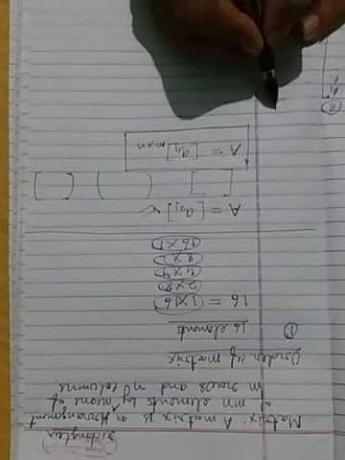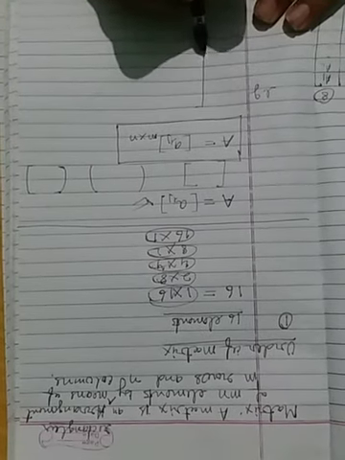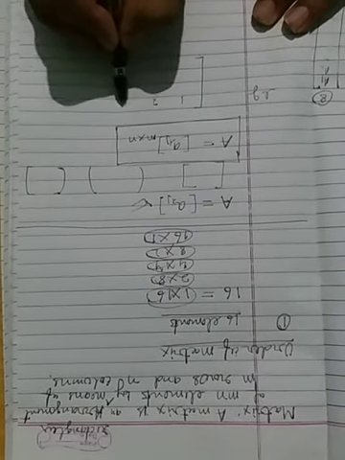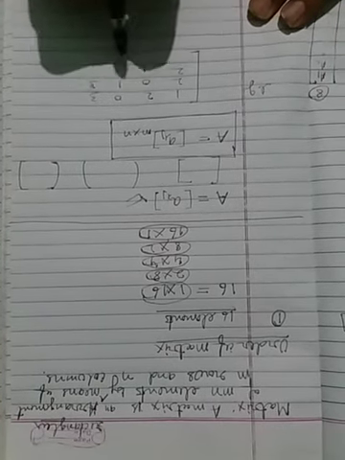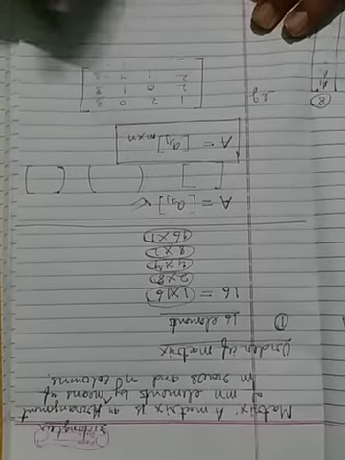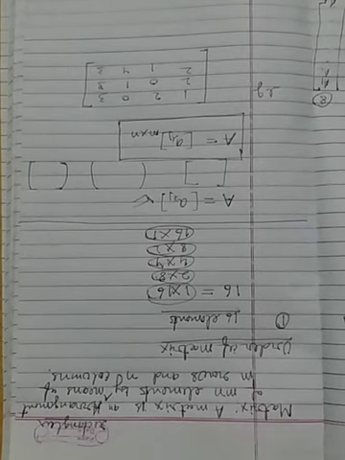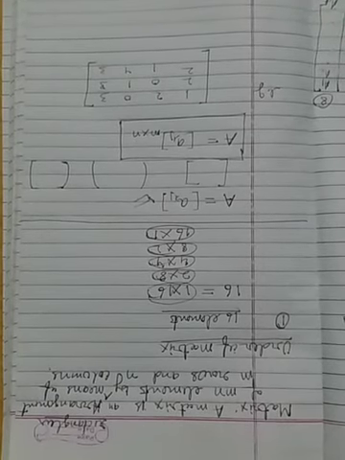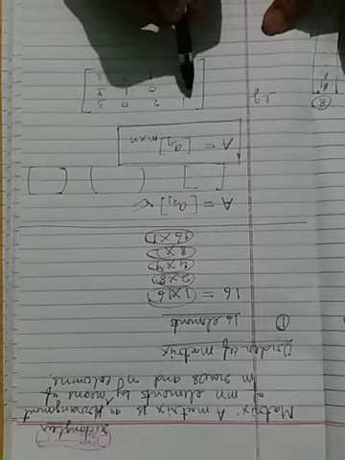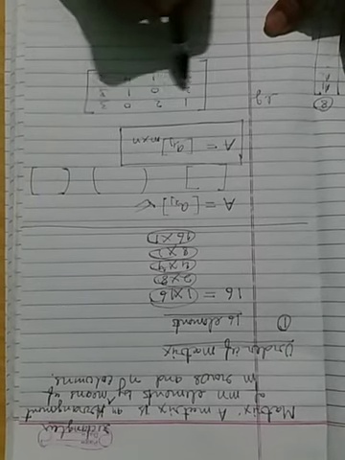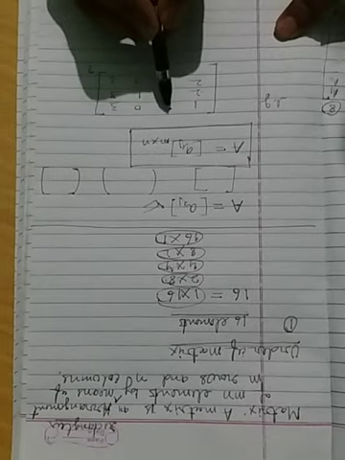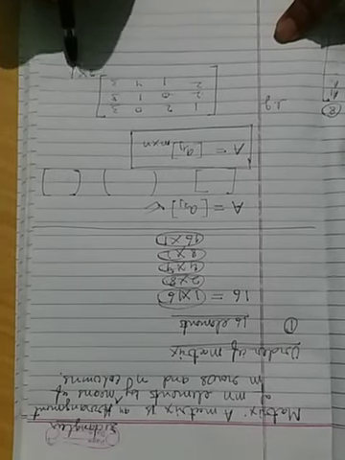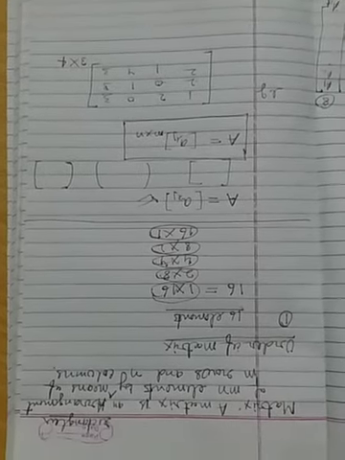Let us have this example: 1 2 0 3, 2 0 1 3, 2 1 4 3. So you observe this. First of all, we will decide what is the order of this matrix. You will count horizontal lines, that is rows 1, 2 and 3, and vertical lines 1, 2, 3, 4. So order of this matrix is 3 cross 4.